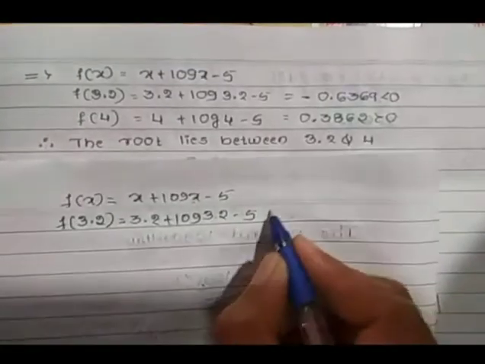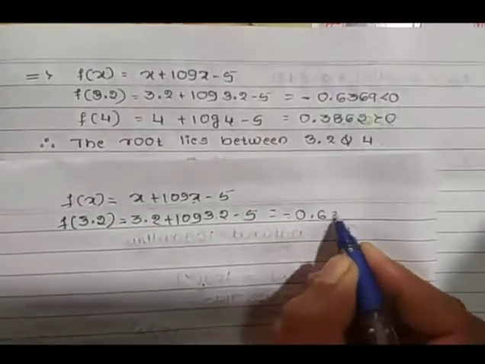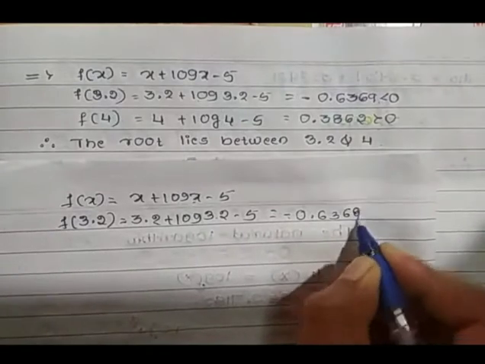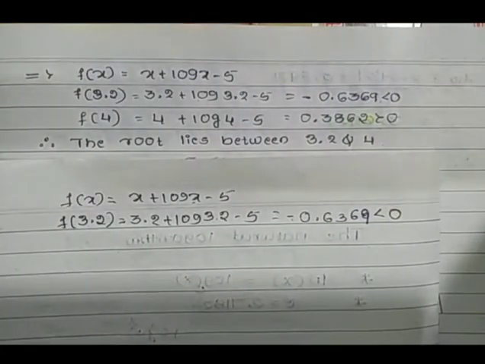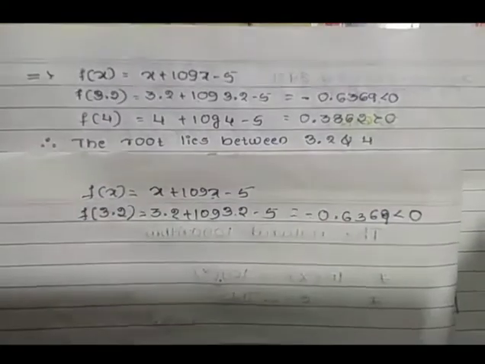So what we are getting here is minus 0.6368 or 69, which is less than 0 because we have a negative sign here. So this is less than 0.